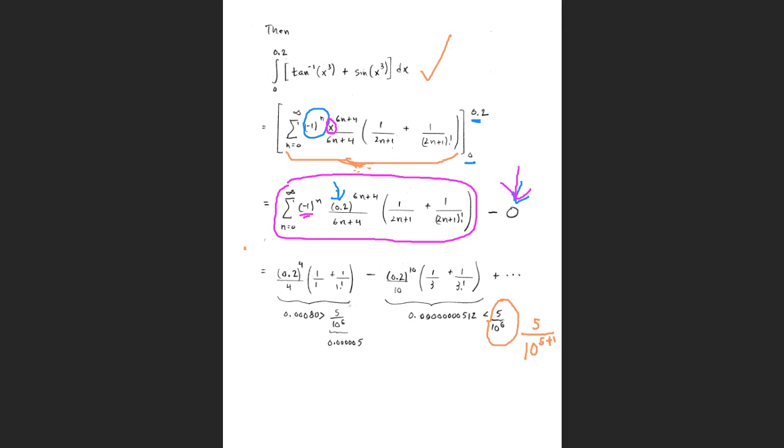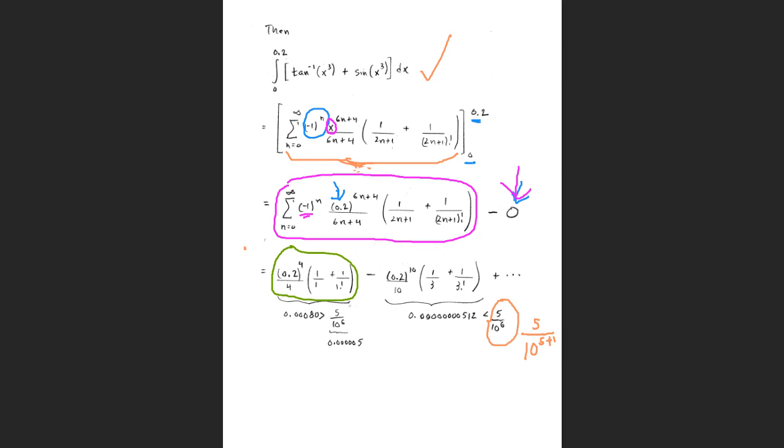And so it turns out that the second term is smaller than 5 over 10 to the 6th power. So all we're going to need to approximate this integral correct to within 5 decimal places is just the first term of the series.